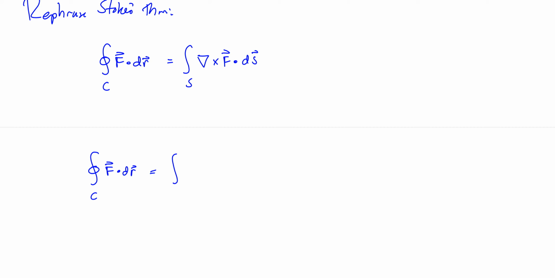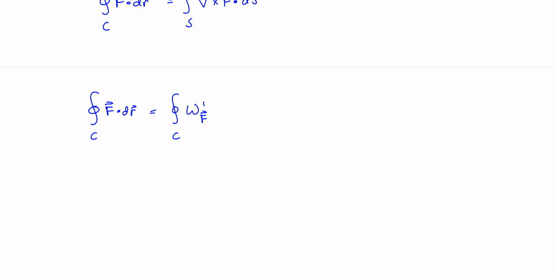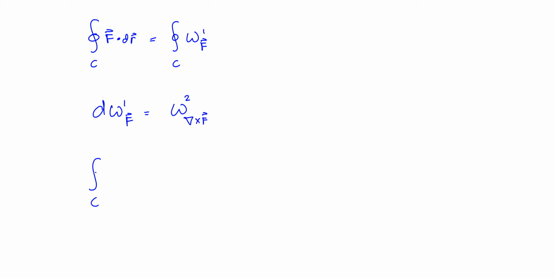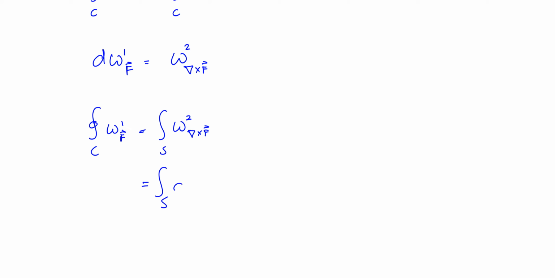F dot dr is exactly the integral over C of this one-form field that comes from the vector field F. And we know from our section on the exterior derivative that the derivative of this one-form field is exactly the two-form field that comes from the curl of F. So what we're saying here is Stokes' theorem would say the integral over C of omega F1 is the integral over S of the two-form field coming from the curl of F, which is the exact same thing we just said as d omega F1.